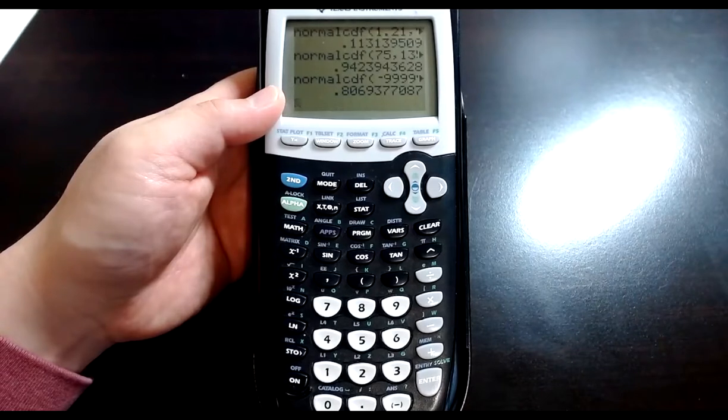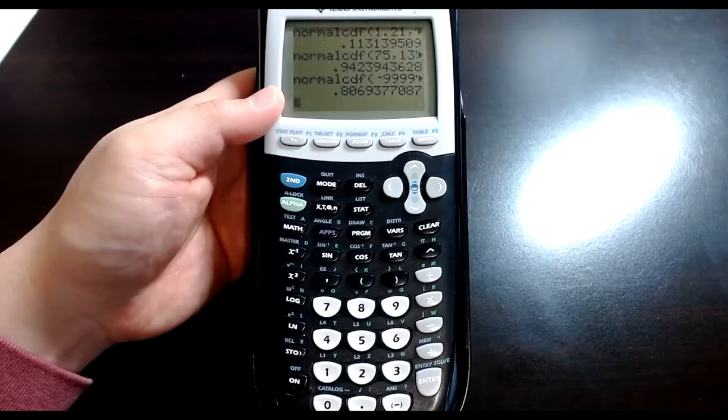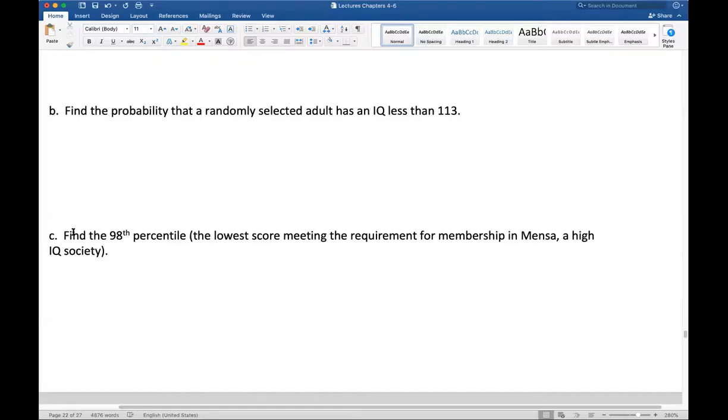And now the last problem. Give me a second. Let's see, problem C. This is interesting. Find the 98th percentile, the lowest score meeting the requirement for membership in Mensa's high IQ society. So what does that mean, 98th percentile?